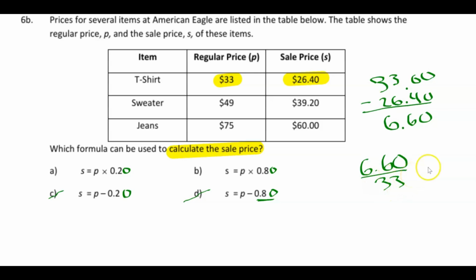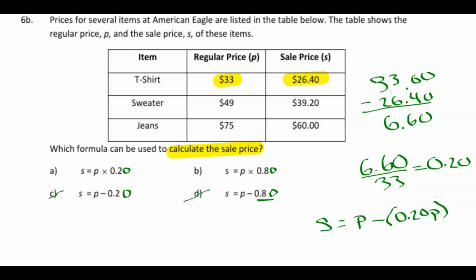And that gives us the discount percentage, which equals 0.20, meaning that there was a 20% discount. So to find the correct formula, in order for me to find the sale price, I'm taking my original price and subtracting that same 20% of my original price.